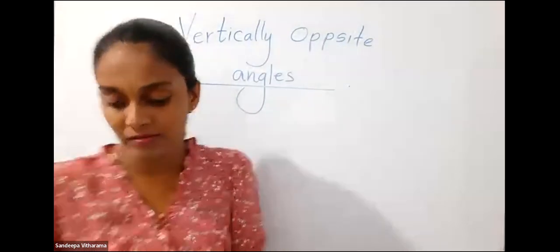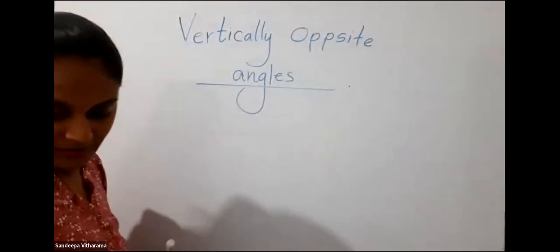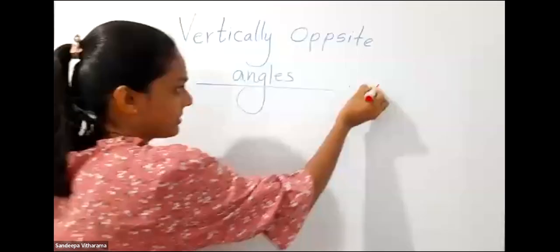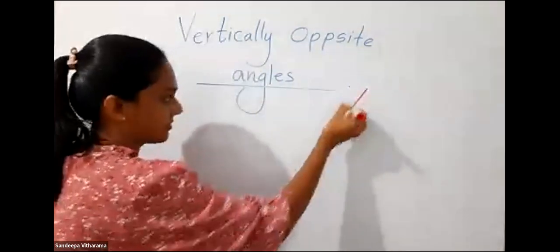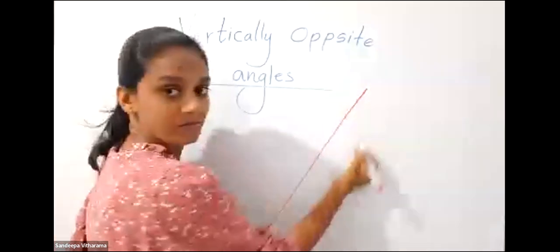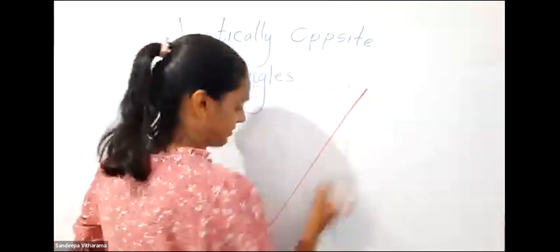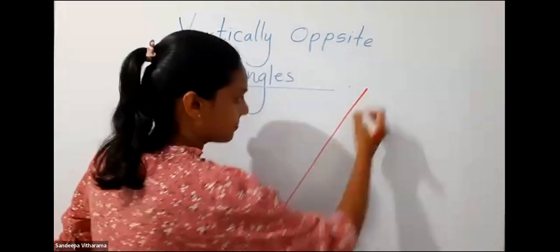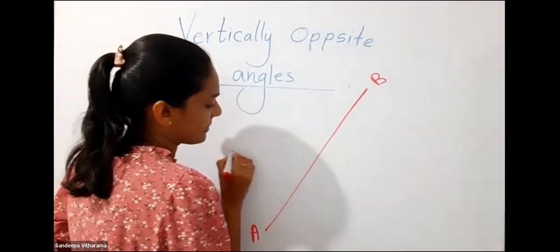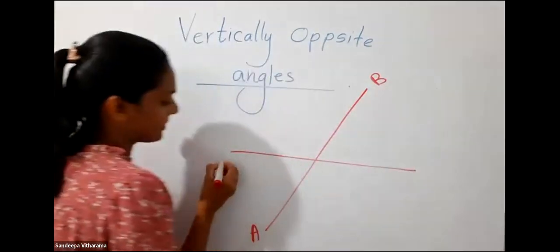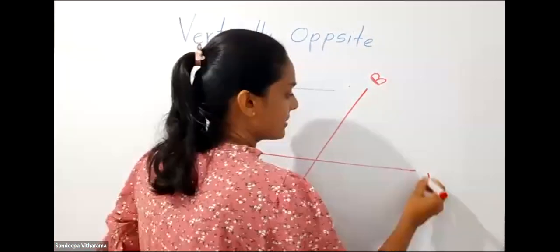Okay, look at here. You may think of two straight line segments AB. The AB straight line segment is intersected by another straight line segment CD.